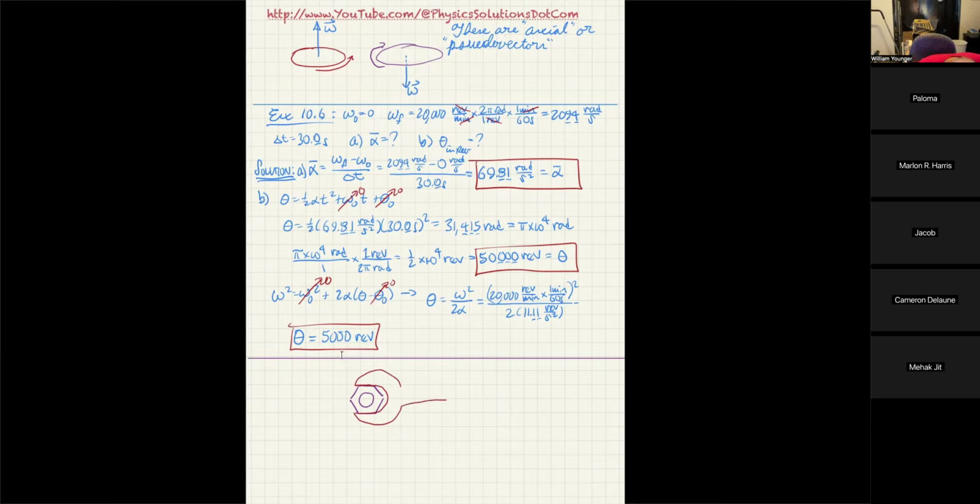Now I want you to think about what you can do with this wrench to give you a better chance at loosening it, for instance.